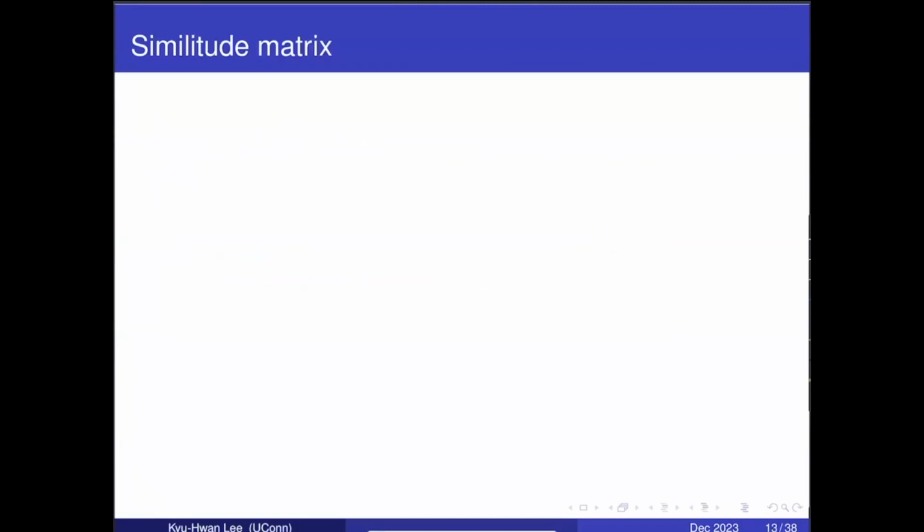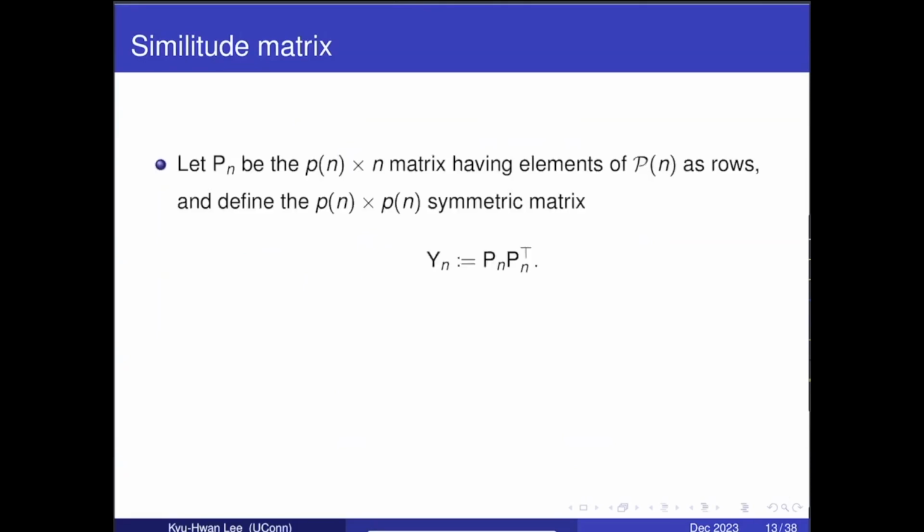Okay, now there was a preparation. Now we define one of the main objects. Let Pn be the matrix consisting of the partitions, so the rows are partition vectors.